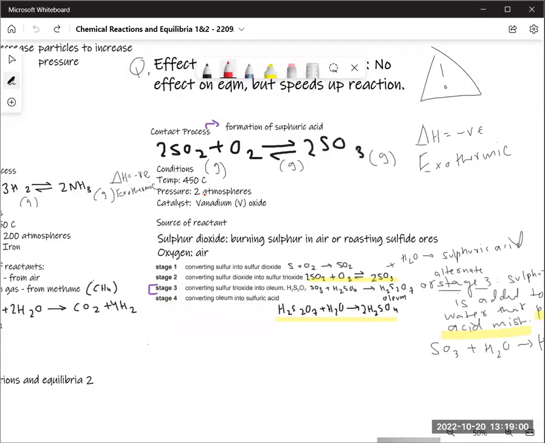Temperature has to be 450 degrees Celsius, pressure has to be 2 atmospheres, and the catalyst has to be vanadium(V) oxide. The source of reactant, sulfur dioxide, is burning sulfur in air, or roasting sulfide ores.